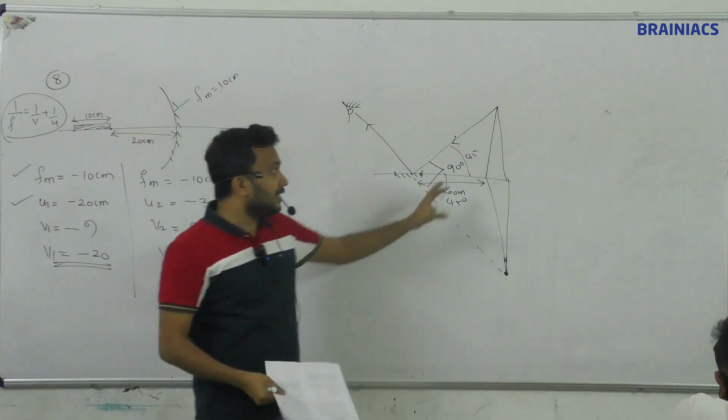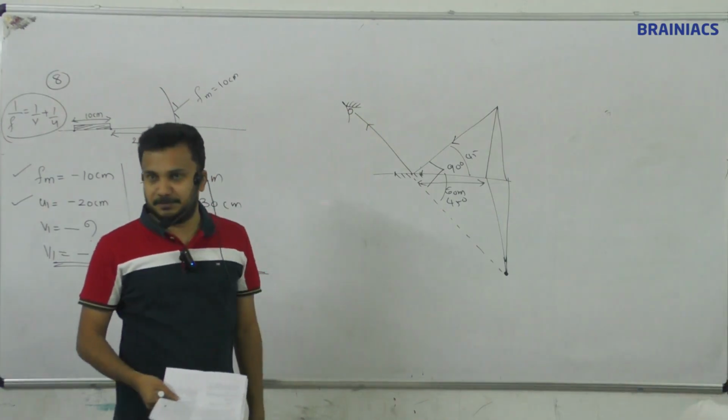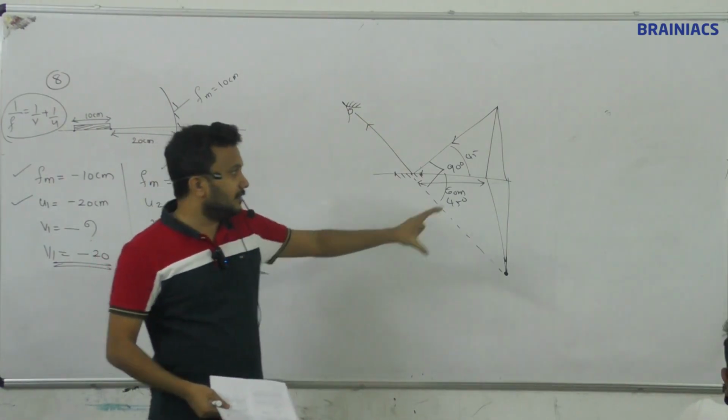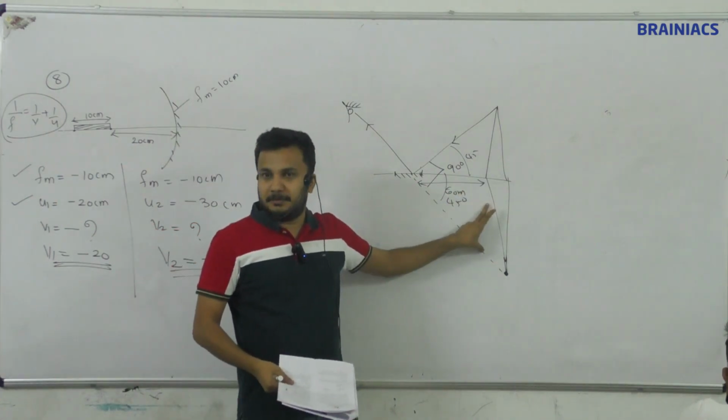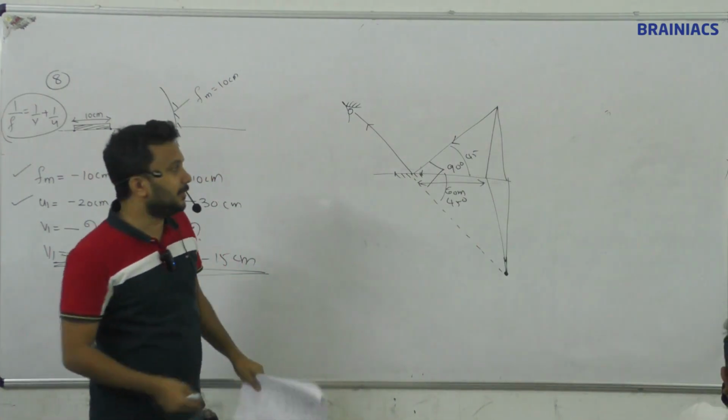Your eye sees an inverted image, your brain processes it and shows you the correct image. In your retina the inverted image forms, but your brain processes it and gives you the original format. So this angle is 90.